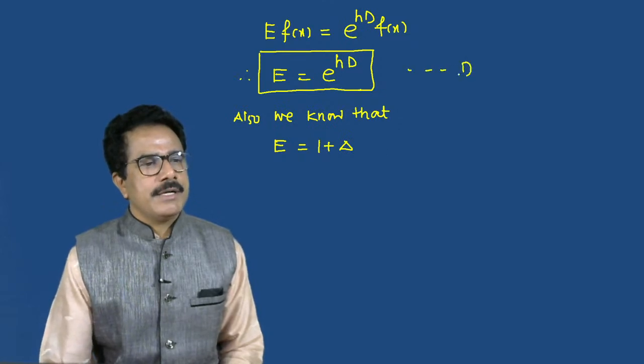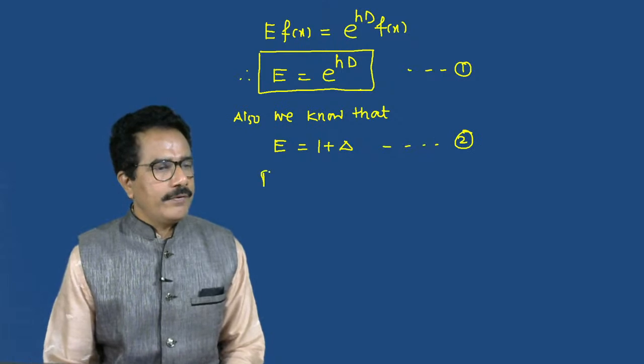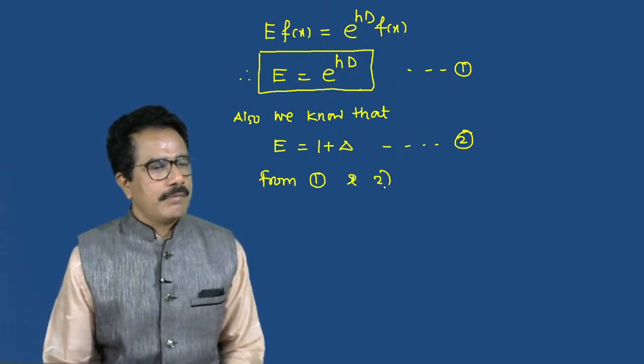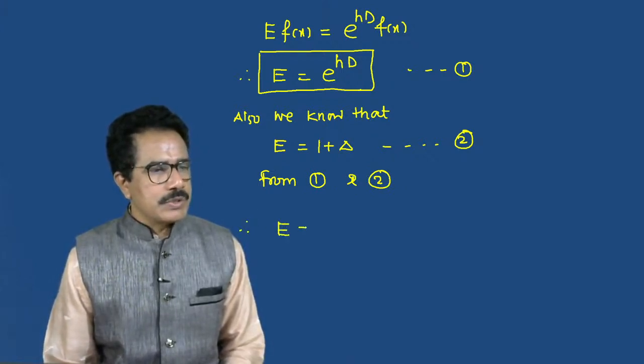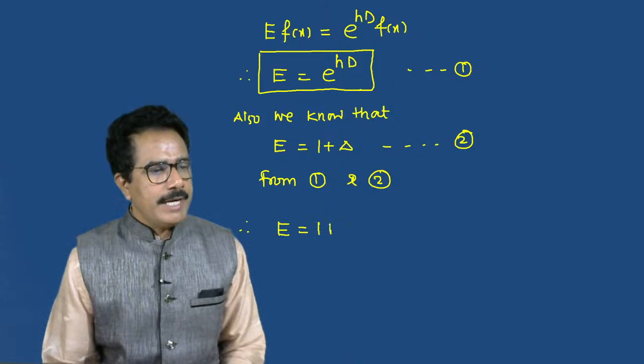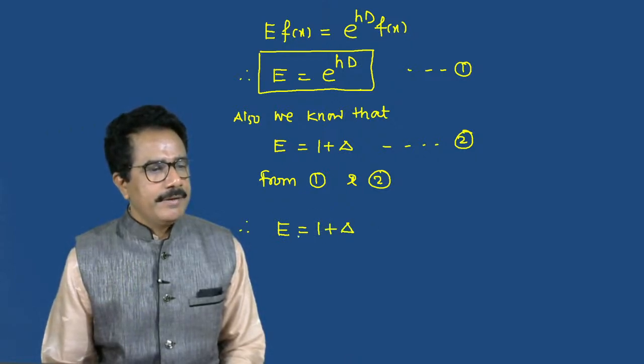Suppose this is equation number 1, suppose this is equation number 2. Therefore, from 1 and 2, we can write E is equal to 1 plus delta, which is also equivalent to e raised to hD.